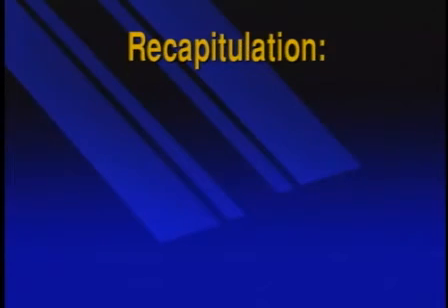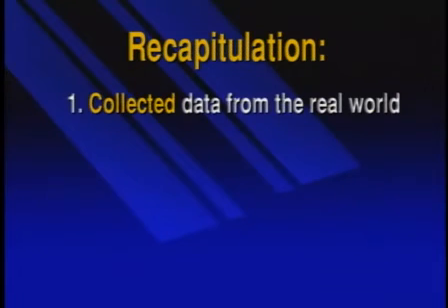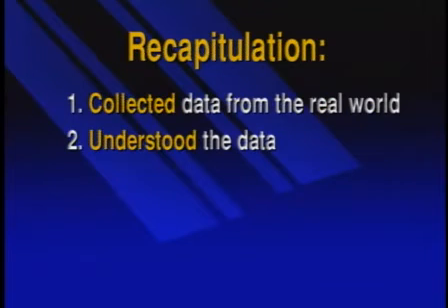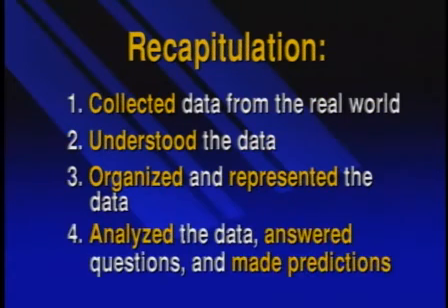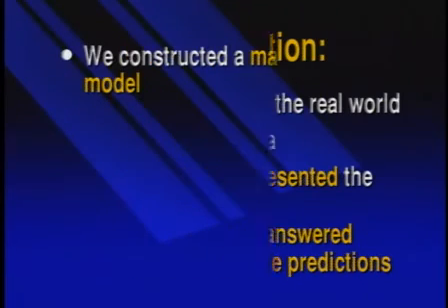Let us recap what we've just done. 1, we collected data from the real world. 2, we understood this data. 3, we organized and represented the data, in several forms actually. And 4, we analyzed the data, answered questions, and made some predictions. How were we able to accomplish this?